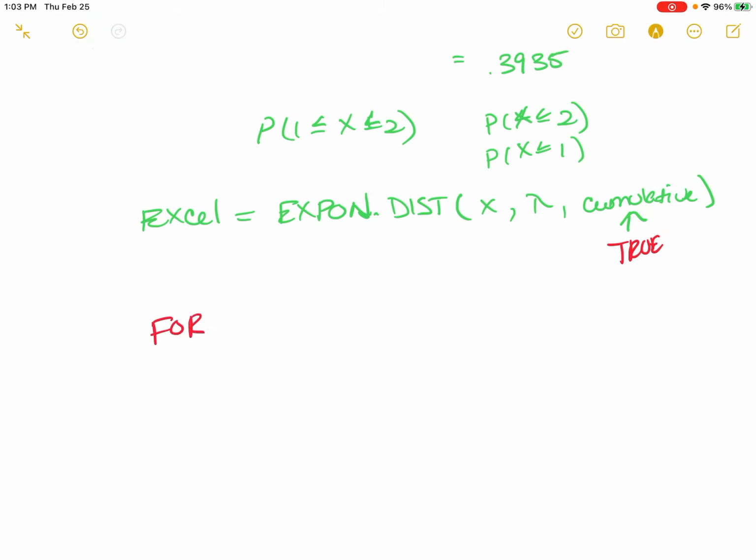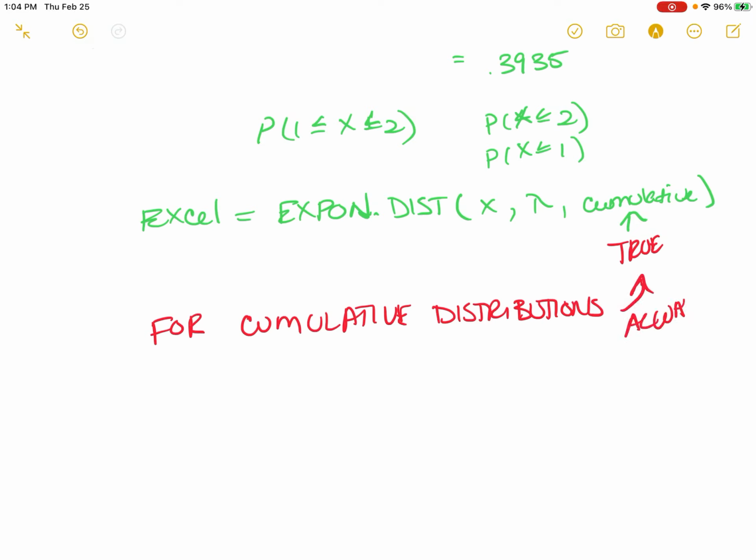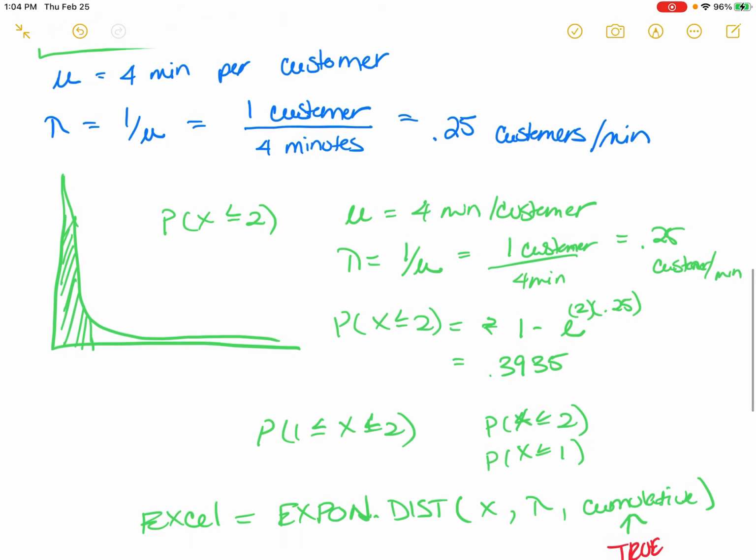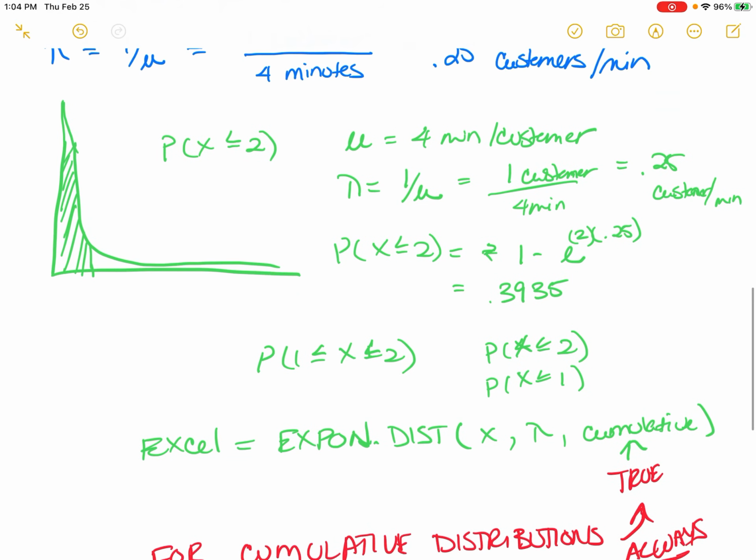So for cumulative distribution, I'm writing it in red and all caps, this is always true.